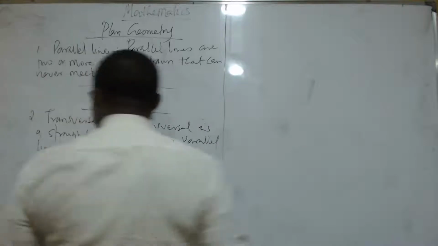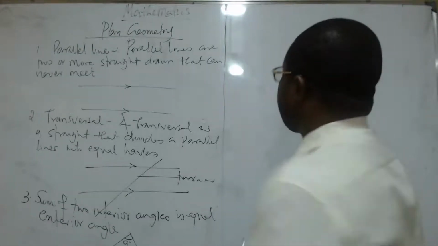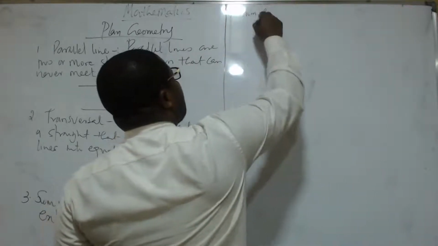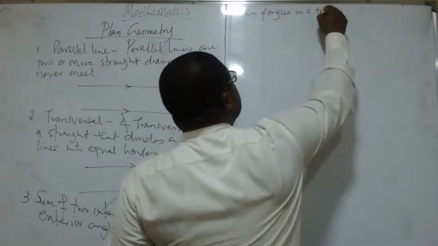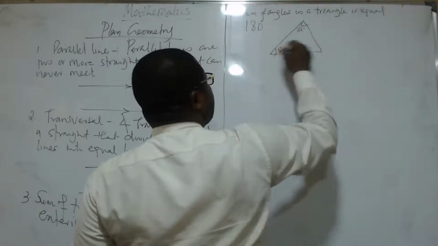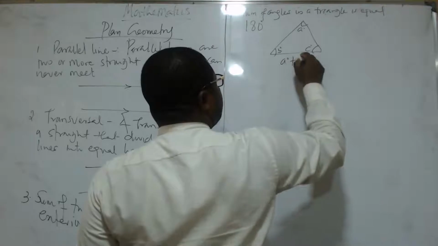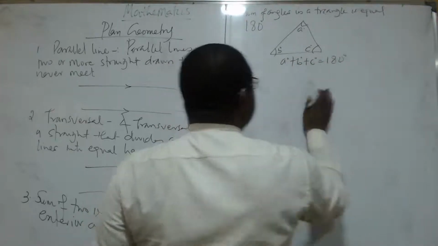Very, very important. Okay? So number 4, we have sum of angles in a triangle. We have A, B, C. So A plus B plus C, we have 180 degrees.